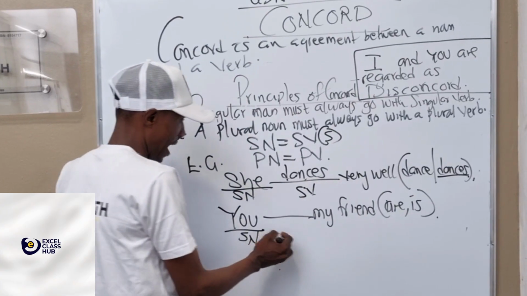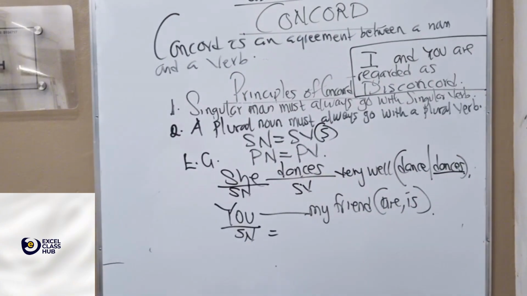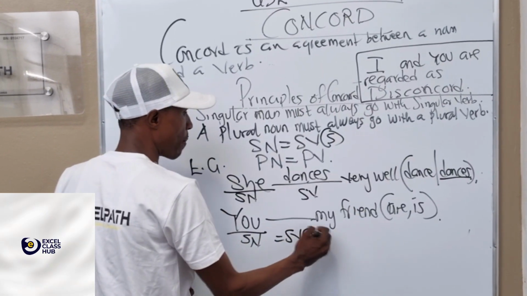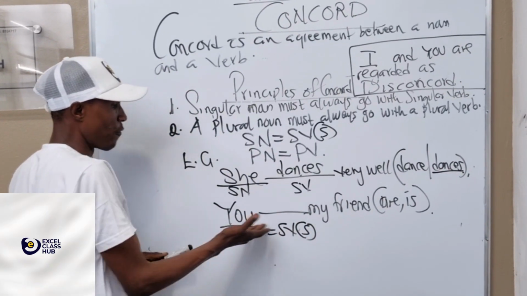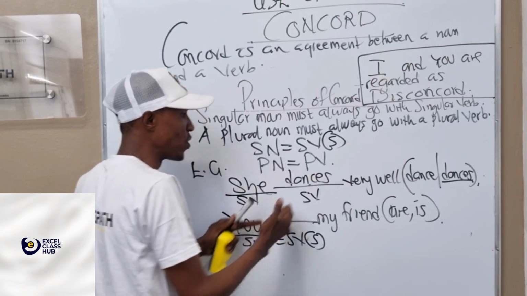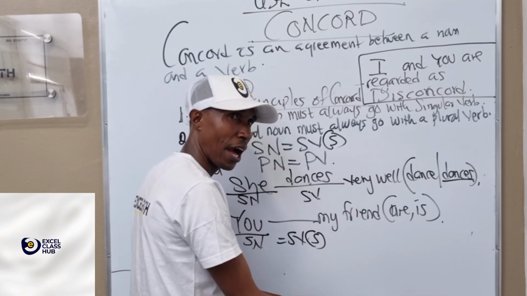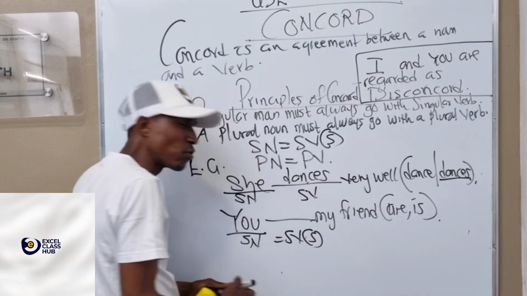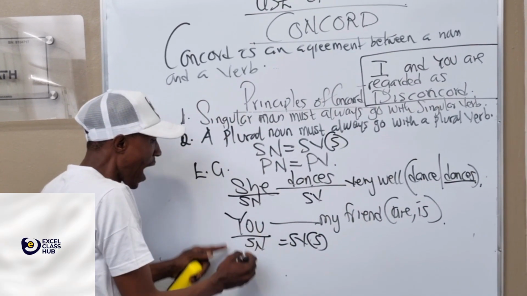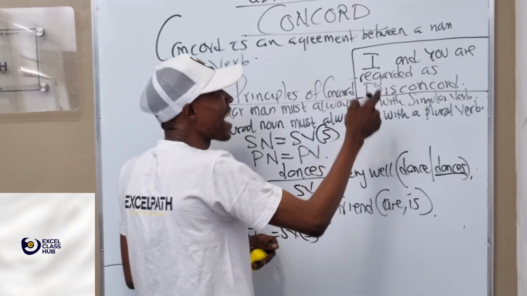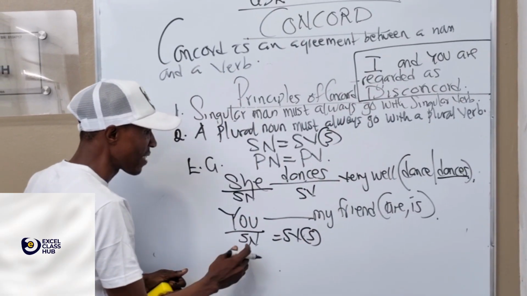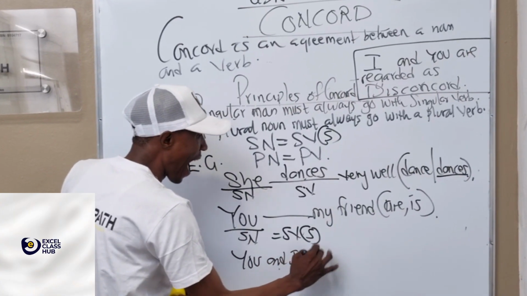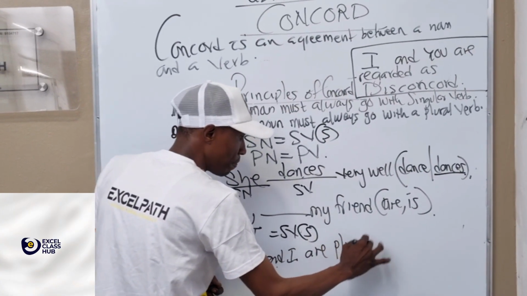And we are told that a singular noun must go with a singular verb. And your singular verb must carry S. Now, from this question, you cannot say you is my friend. Are you with me? You can't say you is my friend. So we are told that you and I are regarded as disconcord, which means that you and I are treated as plural nouns.